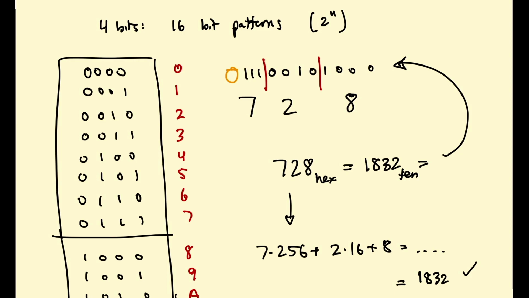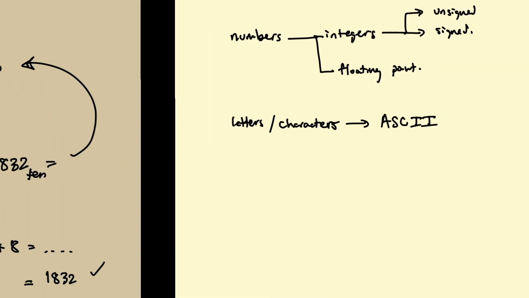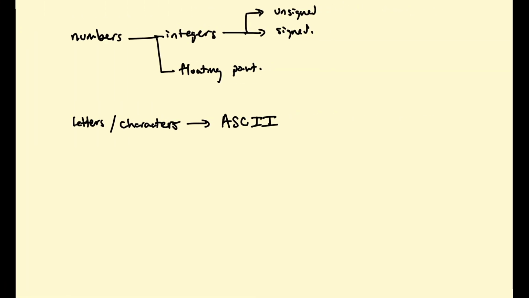All of the numbers that we were dealing with here had no concept of negative associated with them. They were all positive or zero, and so we call those unsigned. And there are lots of situations in which having unsigned numbers makes complete sense. For example, if you're counting objects like inventory in a warehouse, does it really make sense to have negative parts? So why store the idea of negative?